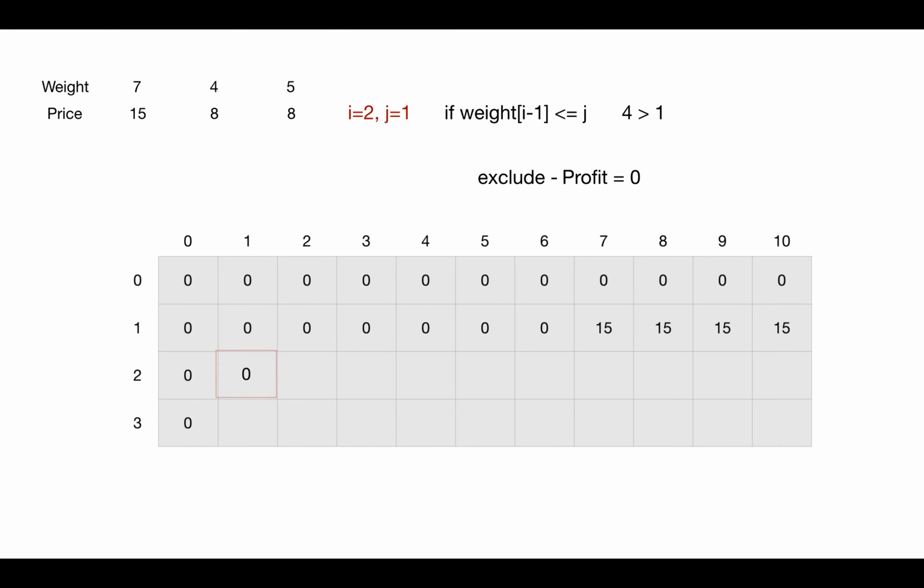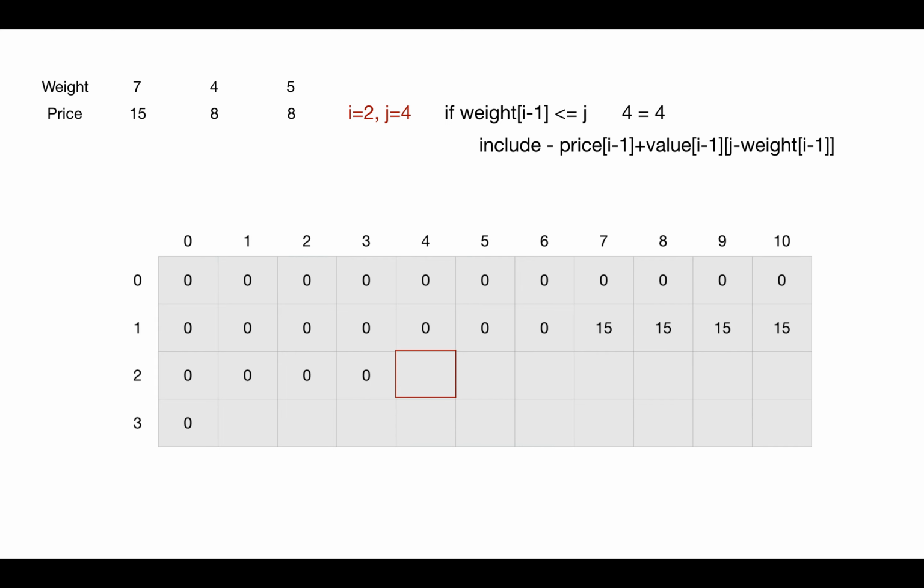Similarly, till j equals 3, we update 0 as we cannot put the second item in a knapsack of capacity less than 4. And for capacity equal to 4, we check if we can include the second item. Yes, we can. So we calculate profit by adding the price of this item to the profit for the remaining items of capacity 4 minus 4, which is 0.